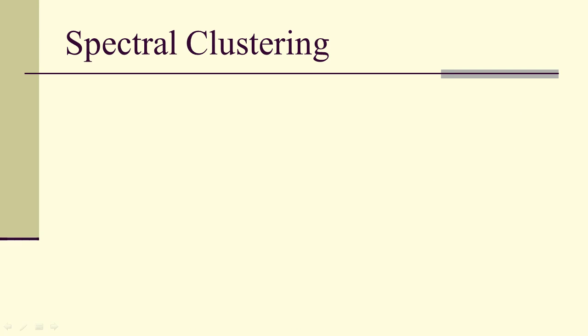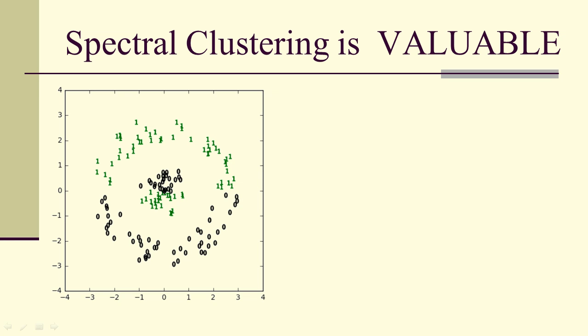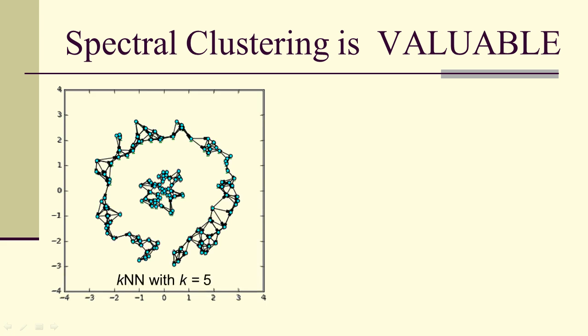Now spectral clustering is valuable. For instance, suppose we had this problem. It's clearly not linearly separable. But if there was some way we could pull apart into sub-regions, then it would be. Well, we can do that. Let's cluster. This is actually the same example we looked at on the previous slide.